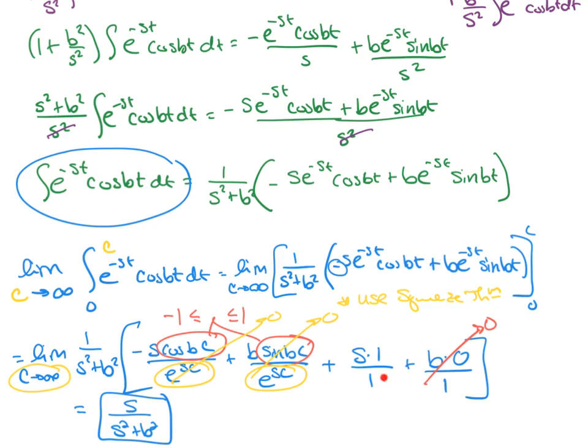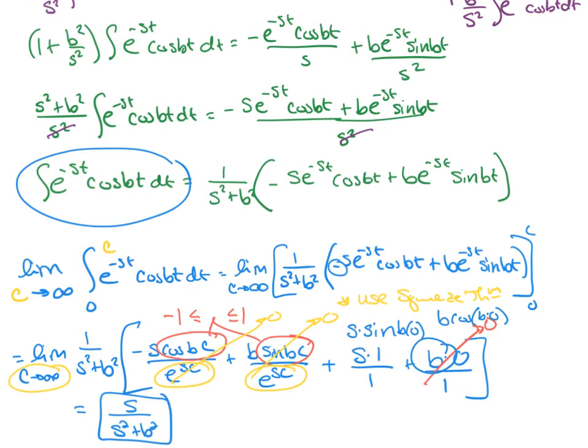So at this part down here where we plugged in 0, we plugged in c first, and the same stuff that I have here in yellow about using the squeeze theorem, these two first fractions go to 0, always. But what happens when you have the sine is instead of having s times cosine, you have s times sine, and then you have b times cosine.